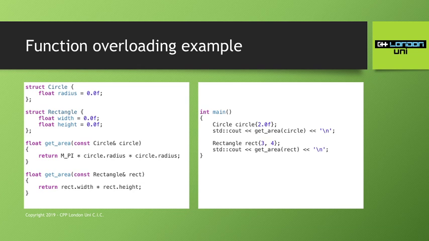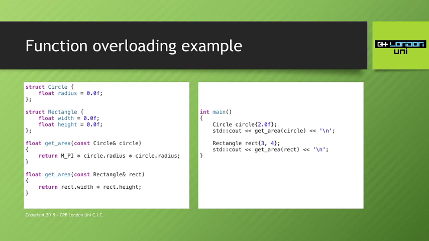And just for completeness, we can do the same thing the other way around as well. We can create a rectangle, and we can call getArea and pass rect, this rectangle instance we've just created. And now the same thing is going to happen again. The compiler is going to look at both overloads. It's going to try and match the supplied argument type, which in this case is a rectangle, against the parameter lists of those two overloads.